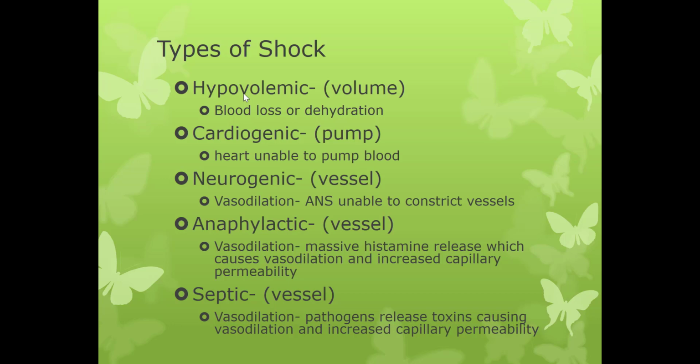And if any of you have already taken micro and walked into the micro incubator when you were all trying to grow some funky bug, how did it smell in there? Okay, those fumes and those gases that come off of those bacteria almost behave like some type of toxin that will, I hate to use the word paralyze, so let's say make the muscle layer less responsive, and so therefore it cannot constrict, and with that it's going to cause the vasodilation.